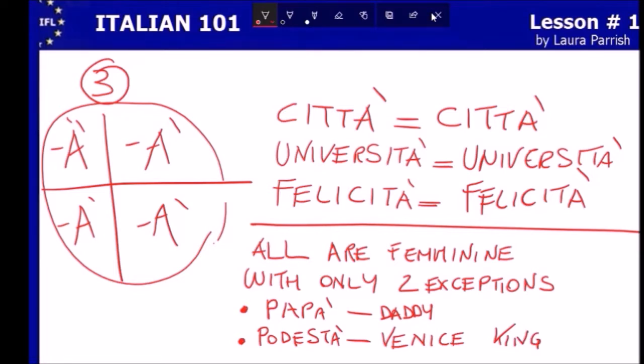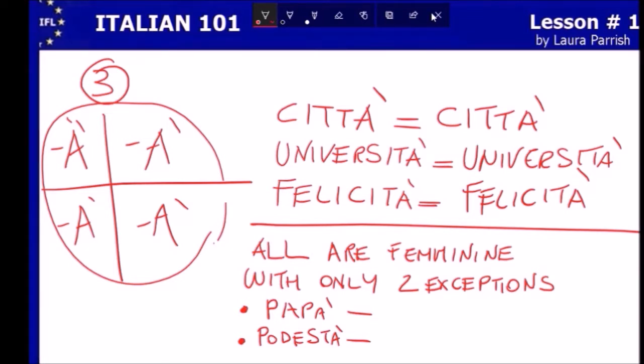It was called podestà. So papà and podestà are the only masculine words ending in an accent. All the others are feminine, so it's very easy for you to understand because you have only those two. If you find some other, it is something very rare that you will never use.